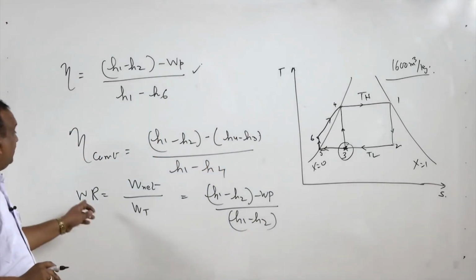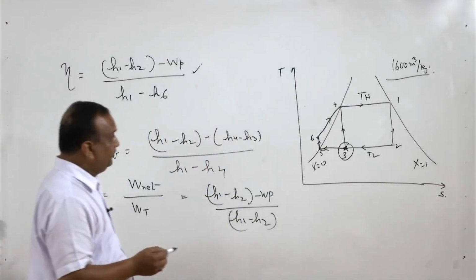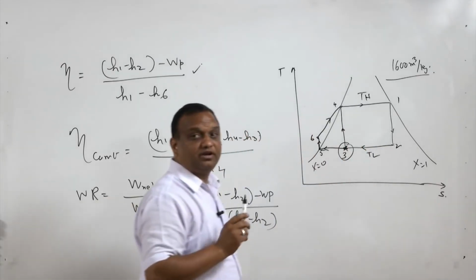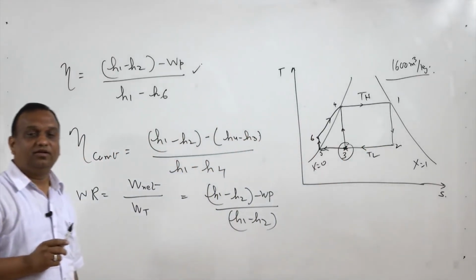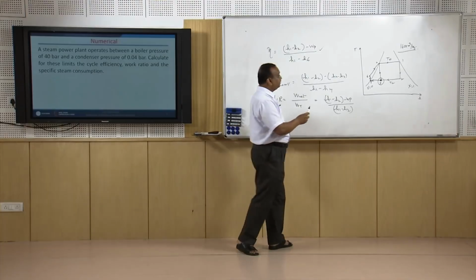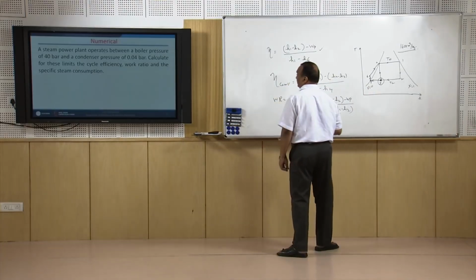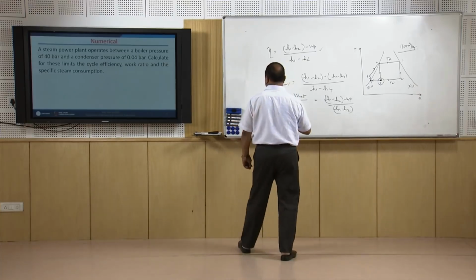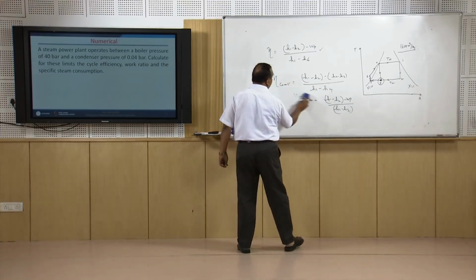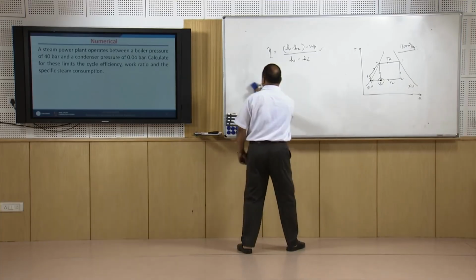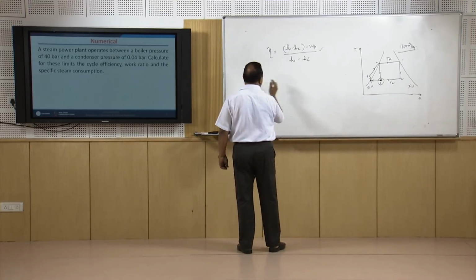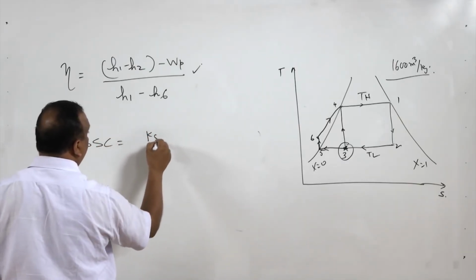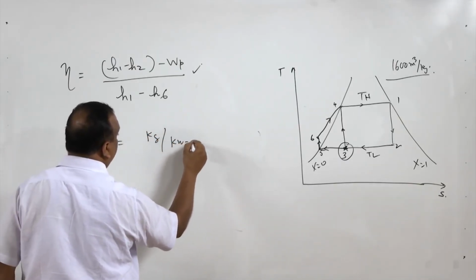Now, if you compare the work ratio of a Carnot cycle and a Rankine cycle, work ratio of Rankine cycle will turn out to be much higher than the work ratio of a Carnot cycle. Now, the second one is specific steam consumption. Specific steam consumption is steam consumption per kilowatt hour.